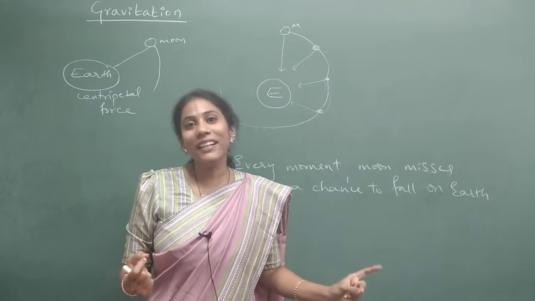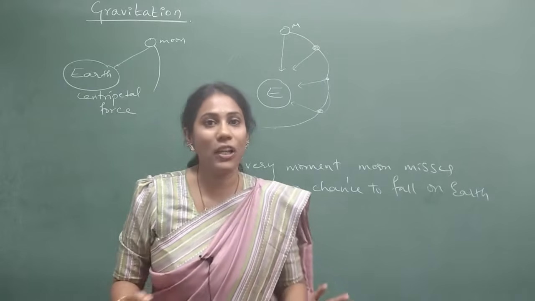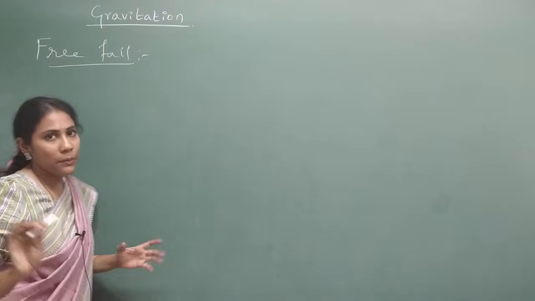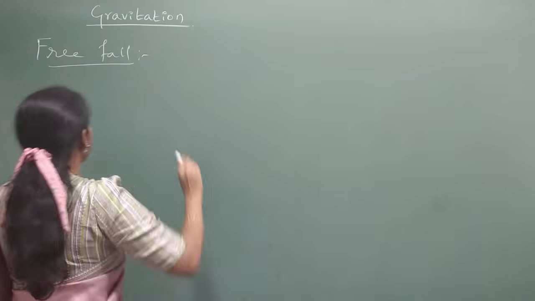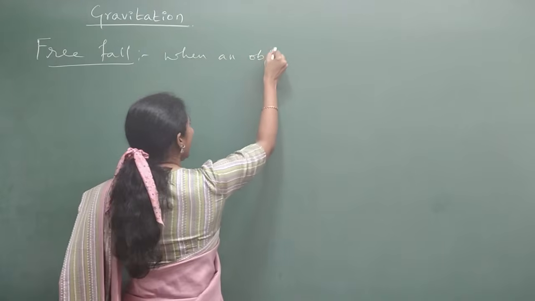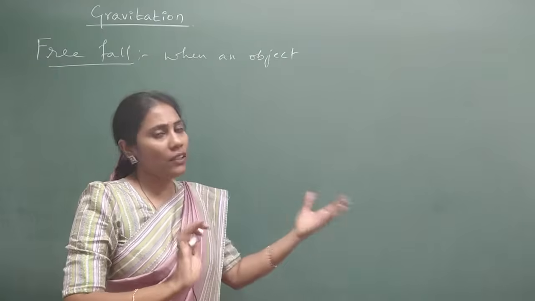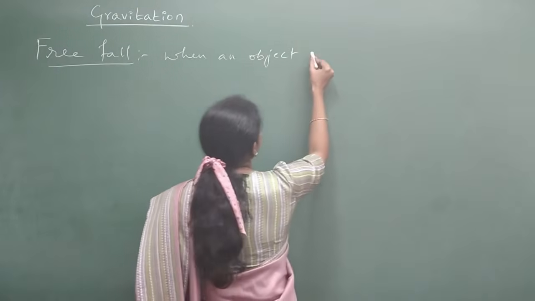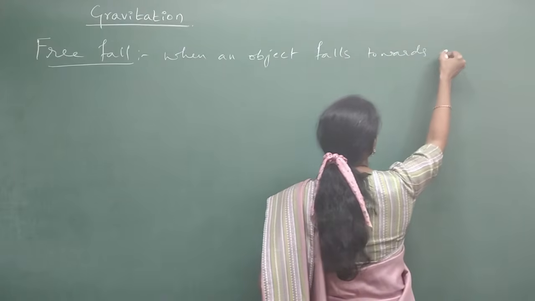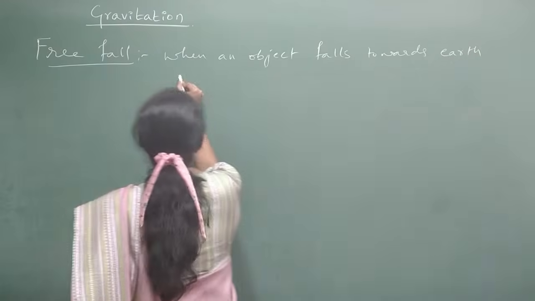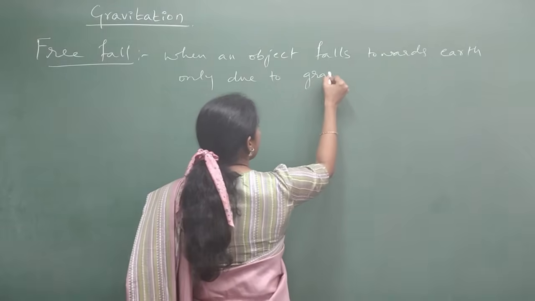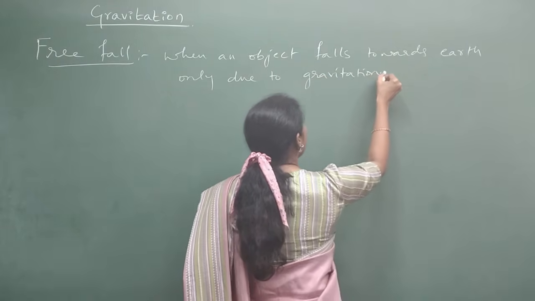So let's quickly understand what exactly we mean by free fall. See here, free fall. Let me write the sentence of what exactly we mean by free fall, and later I'll give the explanation. See, when an object, imagine any object above the earth, when an object falls towards earth only due to gravitational force alone.